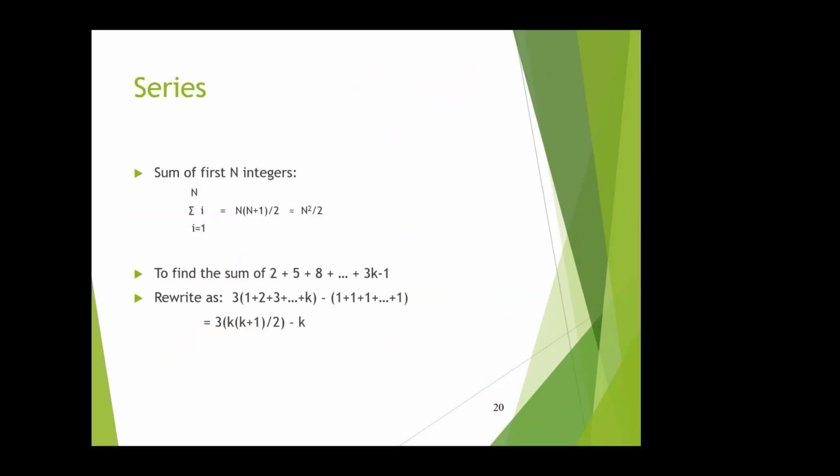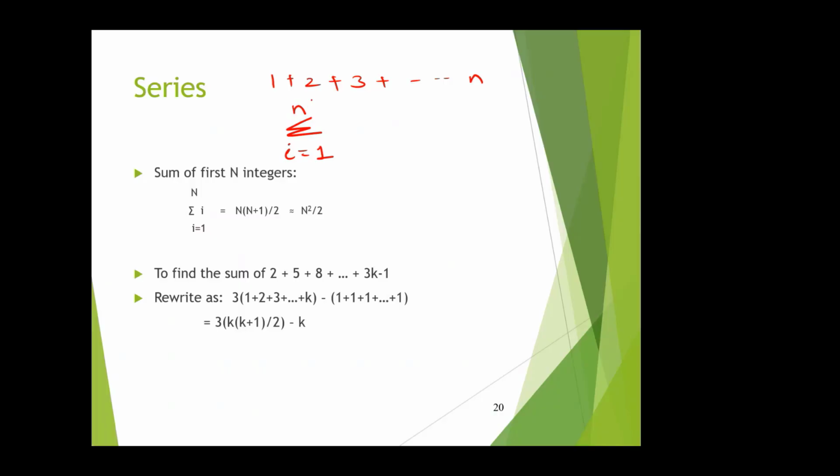So sum of first n integers. So this is another way of saying the same thing, that when we are looking at the summation series, we are adding number i. So when we are saying 1 plus 2 plus 3 up to n, another way of saying the same is by using the summation symbol, summation of some integer number i which starts from 1 and goes up to n.